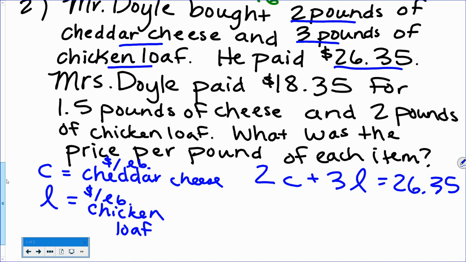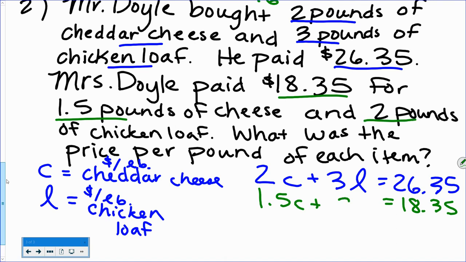Then my second equation would come from Mrs. Doyle. She spent $18.35 for 1.5 pounds of cheese plus 2 pounds of the chicken loaf.